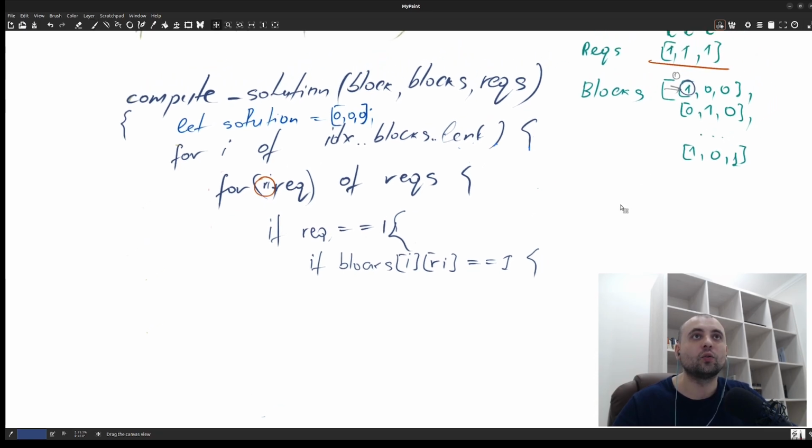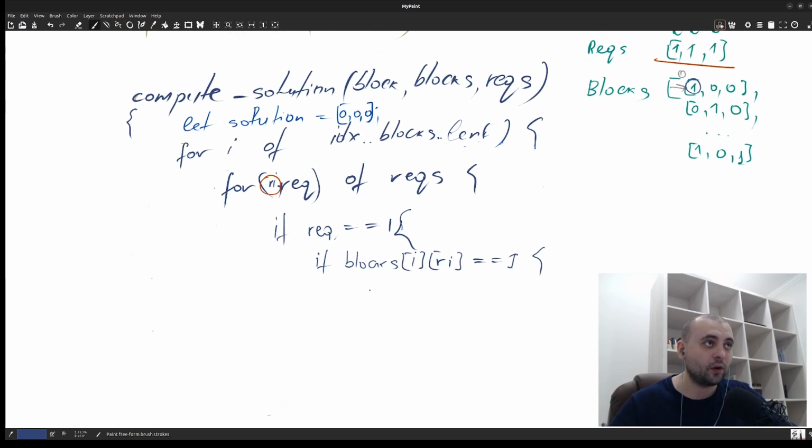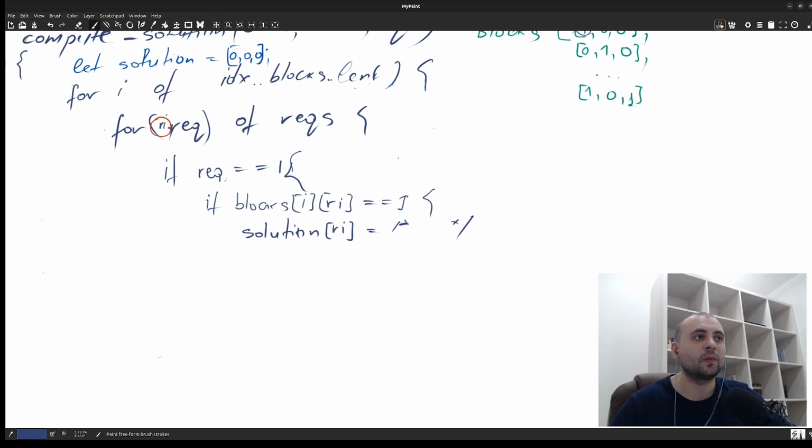And for us, school is important. So this means we found a solution. So we have solution of Ri. Actually, it's not clear what to do here. We'll need to write some code. I'm not sure exactly what to write for now. But we kind of found a solution. So this means we'll not need to do anymore. We found it, so we don't need to increment it anymore.